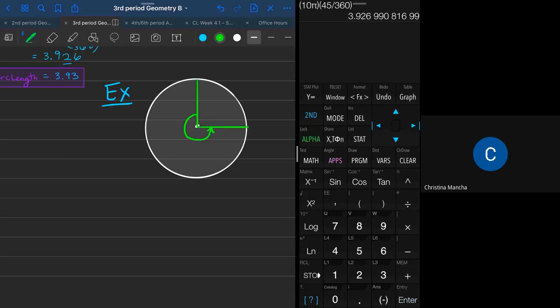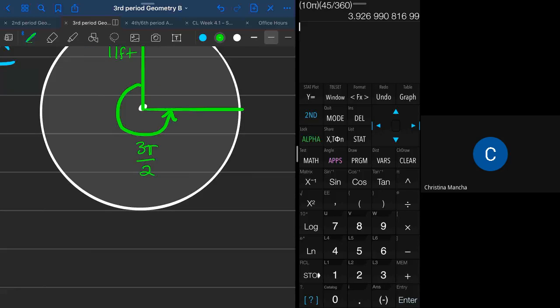We have that this is 11 feet for our radius. And this here angle is 3 pi over 2. So that right there, 3 pi over 2, that is what we call radians. Okay. Radians means that it uses pi as part of its measurement.